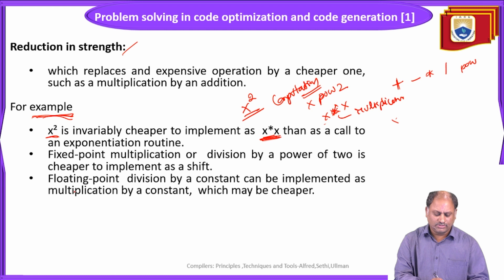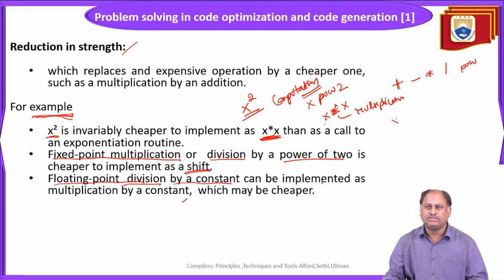So like this, any division operation. Here floating point division, now fixed point multiplication or division with a power of 2 is much cheaper to implement with shift operations. Another one is floating point division by a constant, which can be implemented as multiplication by a constant, and whichever is cheaper we can check and use it.